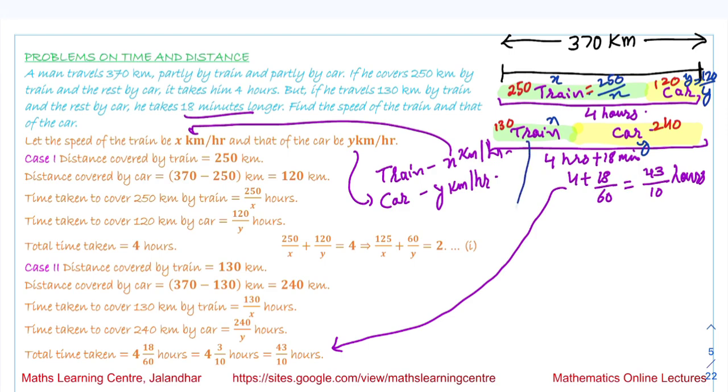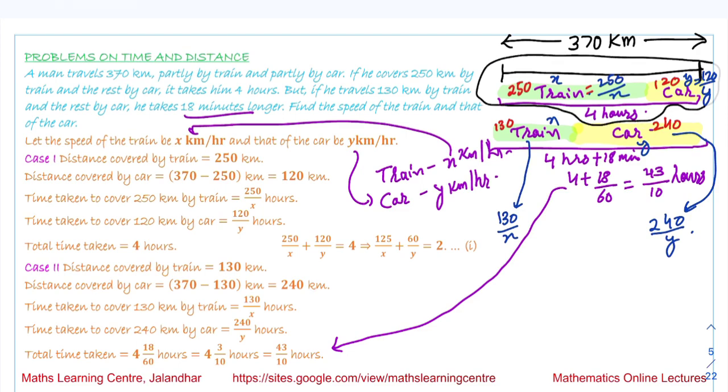In the second case, the time taken is 130 over x and 240 over y. The total time taken in the first case is given to be 4 hours. So our equation becomes 250 by x plus 120 by y is equal to 4 hours.